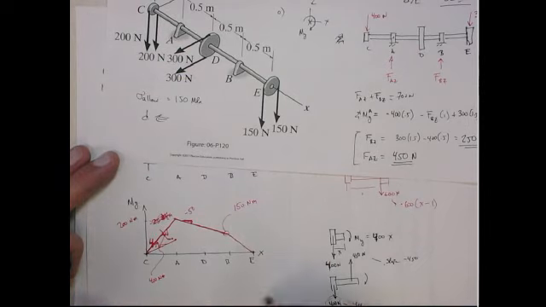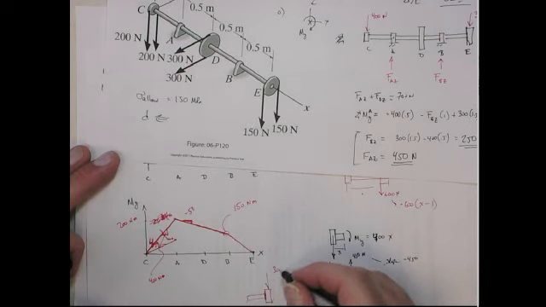That's what I was getting at here. The other way to do it is you can look right at point E. We look at it from the right-hand side. Here's point E. We have the downward 300 newtons here. And the moment, this is a negative phase, so the positive moment is going to be that way.